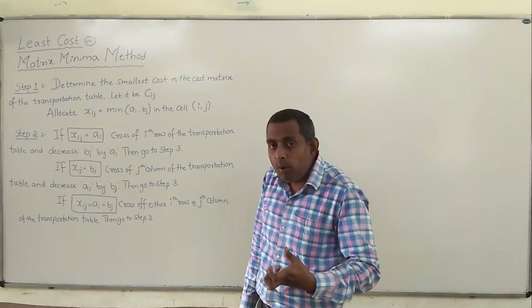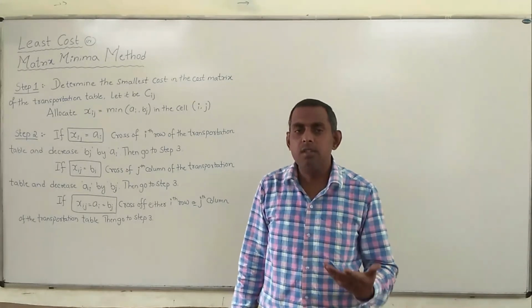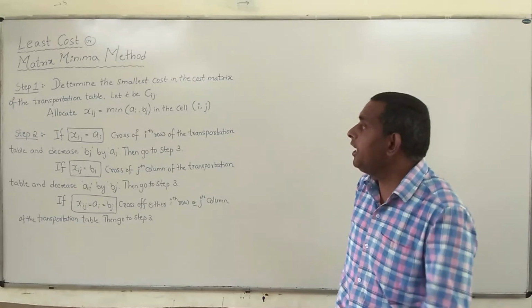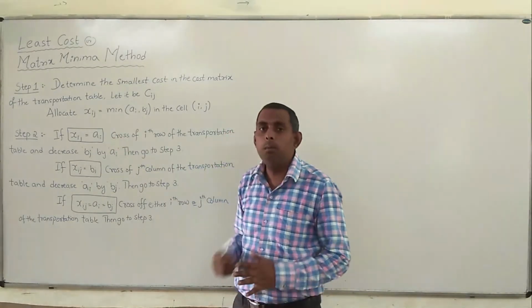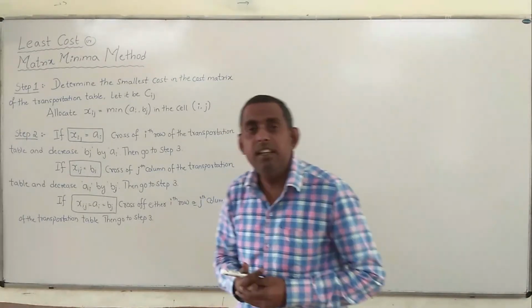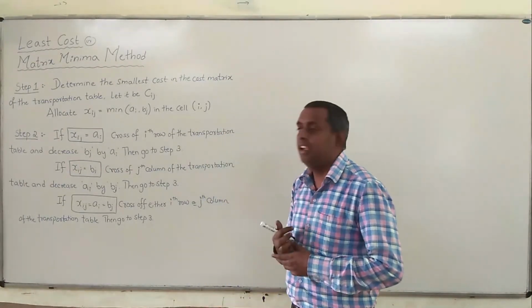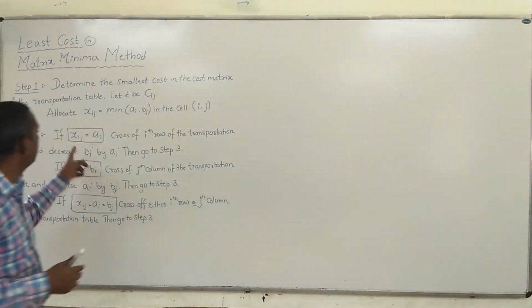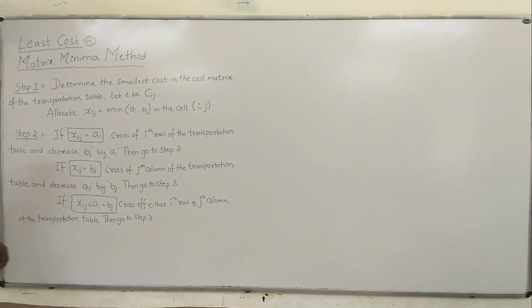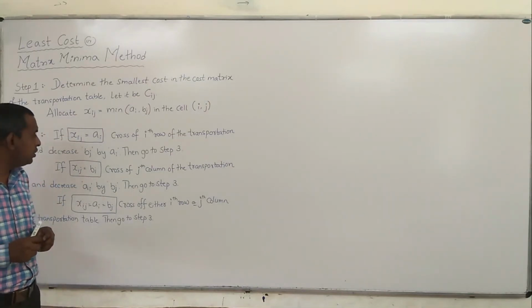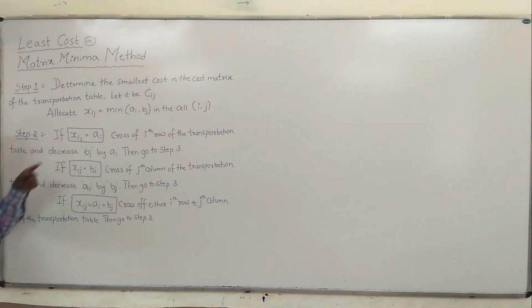So once we find that smallest cost, allocate, that is Xij is equal to minimum of Ai comma Bj in the cell ij. In step number 2, Xij is equal to Ai: cross off the ith row of the transportation table and decrease Bj by Ai.